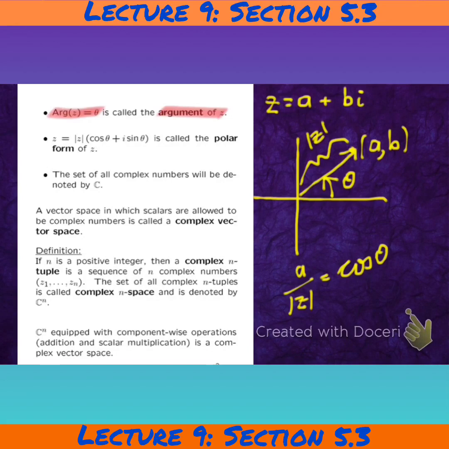Right, so you can go and solve for a as the modulus of z times the cosine of theta. And so that's the term that you get there, and you can also do the same for the b part. The b part you can solve as the modulus multiplied by sine theta. So that's just the polar form of a complex number.